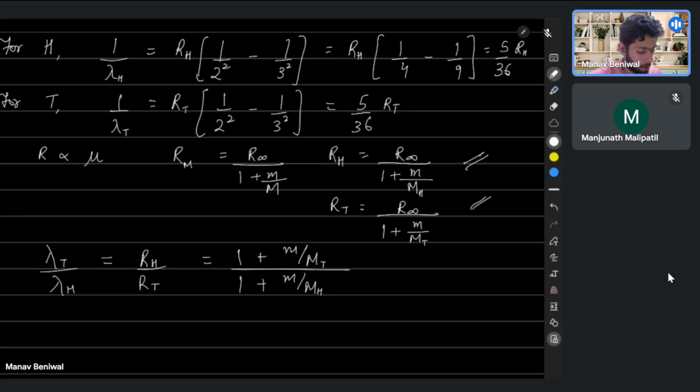Now mass of tritium is 3 times mass of hydrogen, right? Because it has 1 proton and 2 neutrons. So we can write it as 1 plus m over 3 mh divided by 1 plus m over mh.